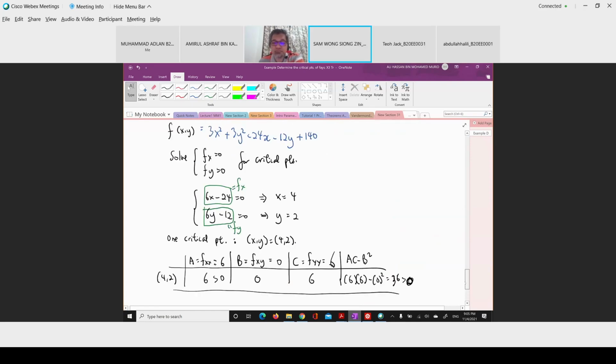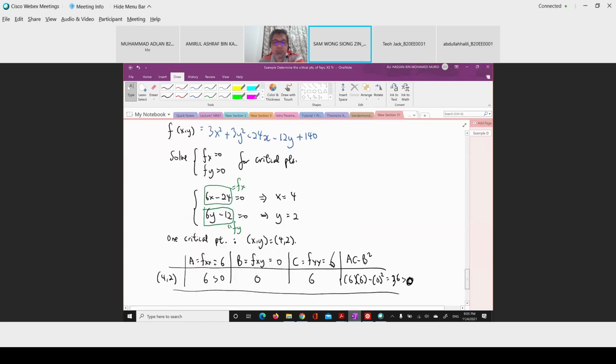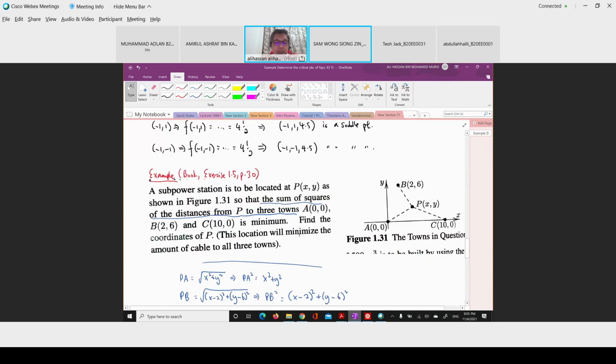Doctor, is it possible that when we calculate until the end it is a maximum point? Since the question is asking for the minimum, maximum doesn't make sense, right? You really want to minimize cost.